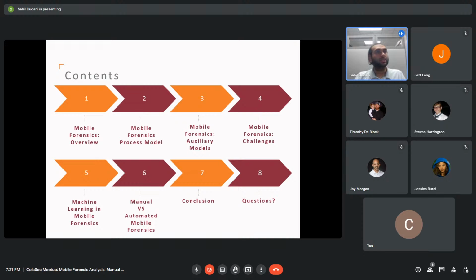Following that, I'm going to discuss some challenges related to the mobile forensics field. Then I'm going to talk about how machine learning is being used in mobile forensics, and then I will discuss the experiment that we have worked on and how manual versus automated forensics, or manual versus machine learning for mobile forensics, compares. And I would conclude based on the results from that experiment.